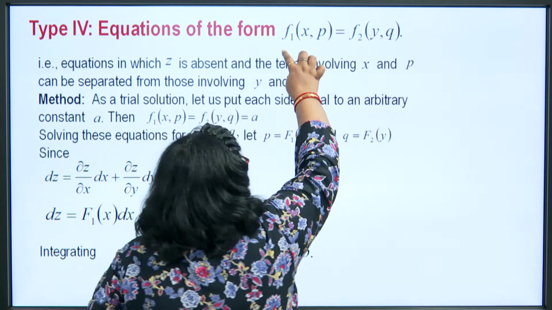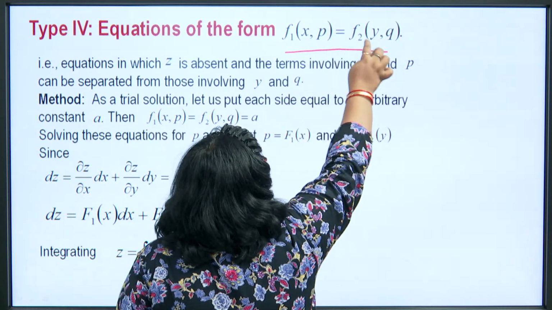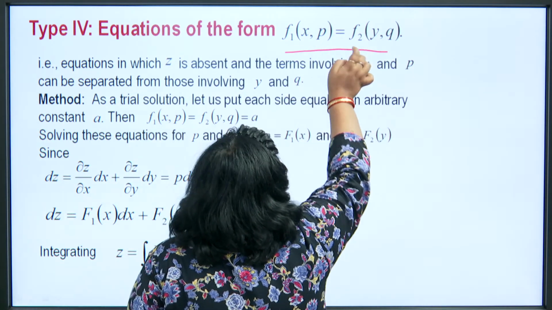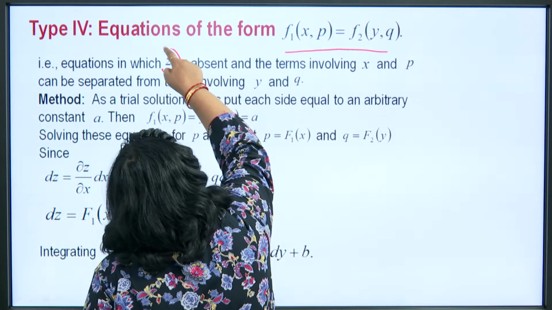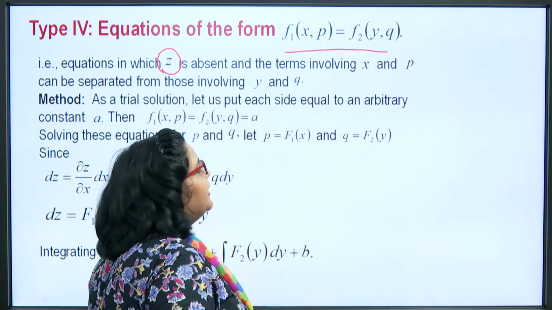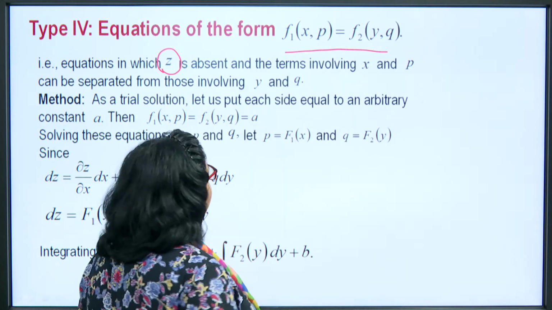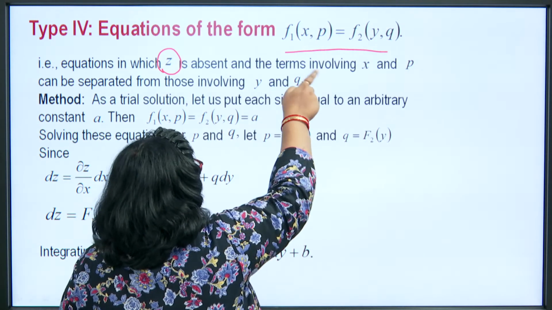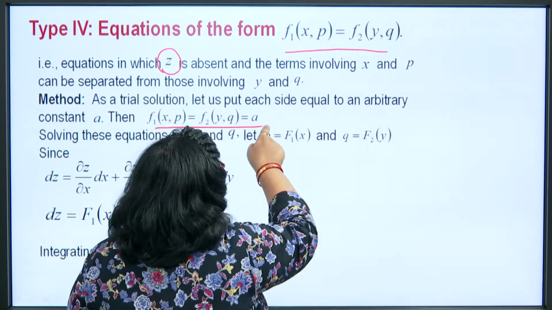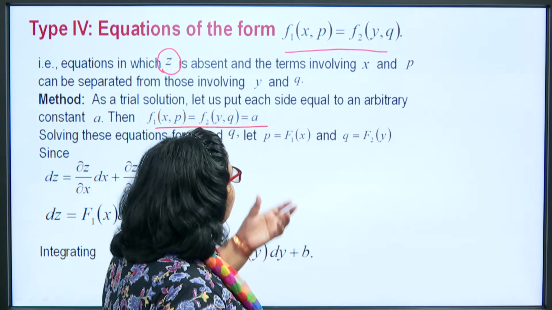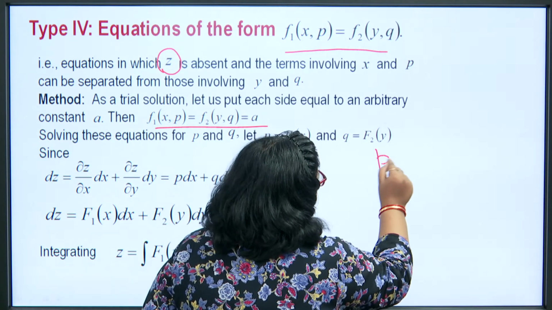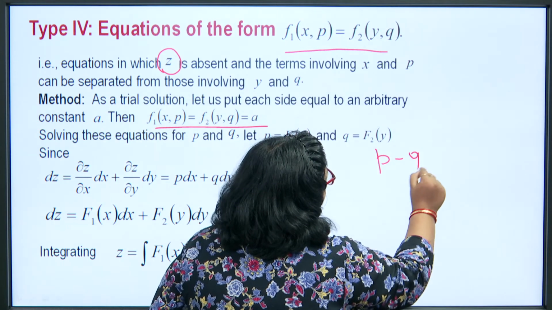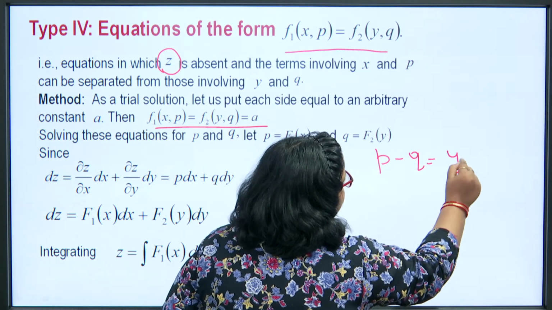The equation is in the form of f1(xp) and f2(yq), and always remember that type fourth does not contain z; z is always absent. To solve such an equation, we assume that, for example, we have the equation p minus q is equal to y minus x.